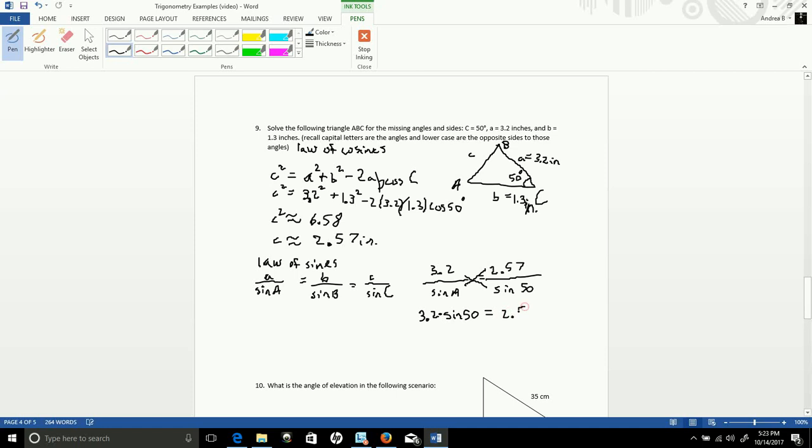And then we have the 2.57 times sine of angle A. And then to try and get the sine of A part by itself, we're going to want to divide both sides by 2.57 next. Once again, depending on your calculator, you may have to do some of these steps separately.